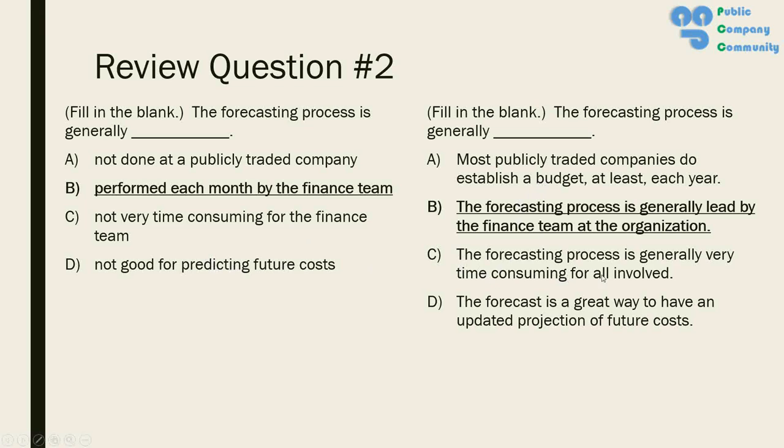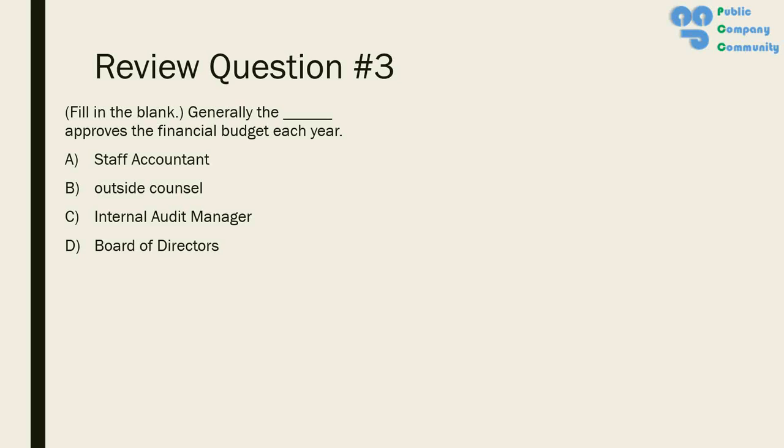And then C, the forecasting process is generally very time consuming for everyone involved in it, whether it's the department heads providing information or whether it's the finance team gathering and collecting that information. And then D, the forecast is actually a really good way to have an updated projection of future costs at any given time. All right, so let's look at our final review question here.